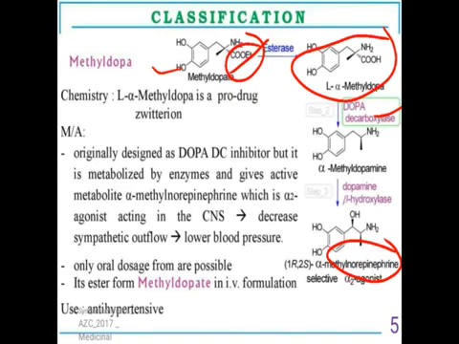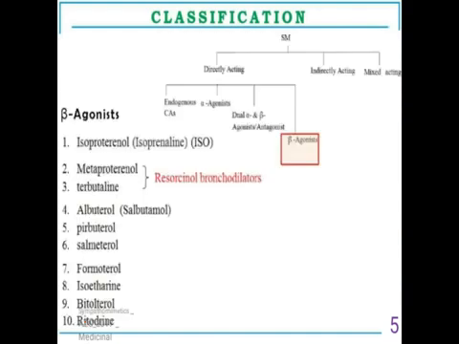Okay, so originally it is designed as a dopamine decarboxylase inhibitor, but it is metabolized by the enzyme and gives the active metabolite, that is alpha-methylnorepinephrine. As it has a CH3 group, it becomes more selective for the alpha 2 receptor. So it is used as an antihypertensive agent.